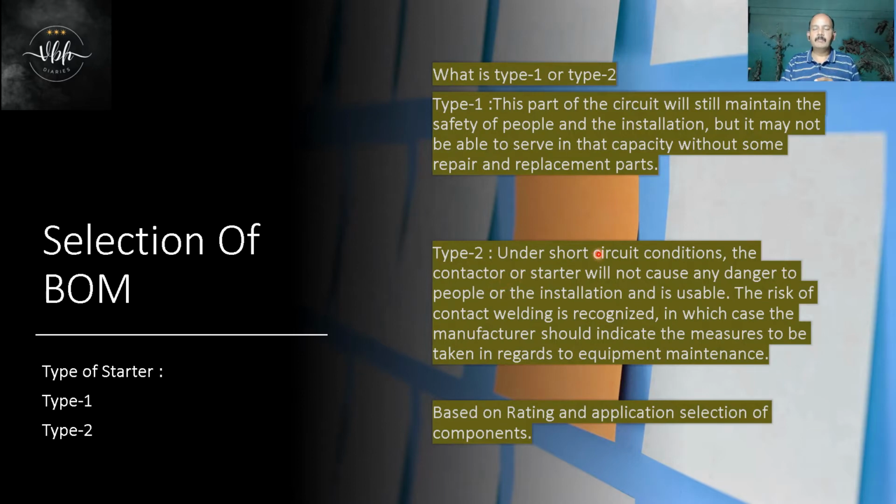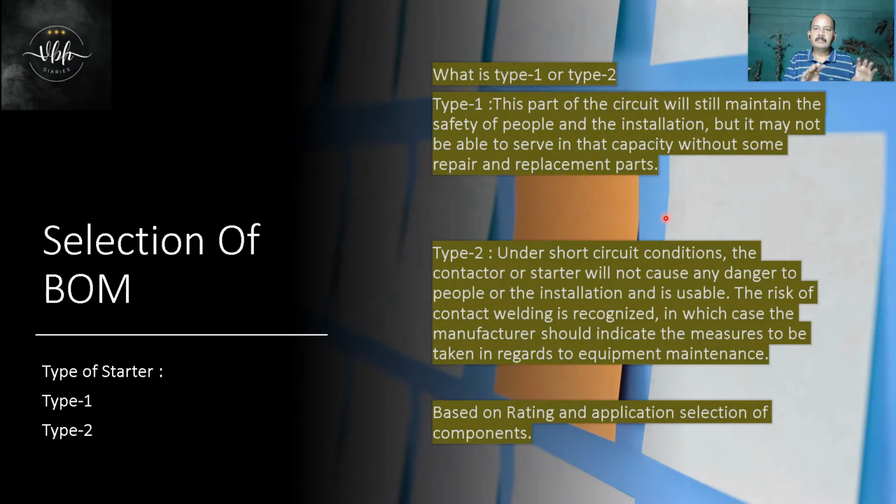Normally in the industries we will go for type 2 coordination. Type 1 will not go. What is the difference between type 1 and type 2? Type 1 protects human safety and installations so that nothing is harmed, but if any short circuit happens, without repairing and without replacing the components, we cannot reuse the starter, because of the internal short circuit.